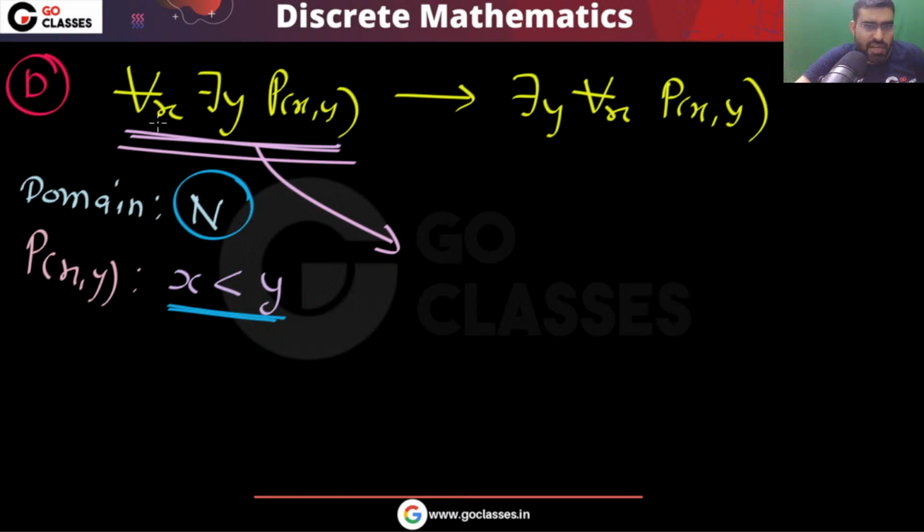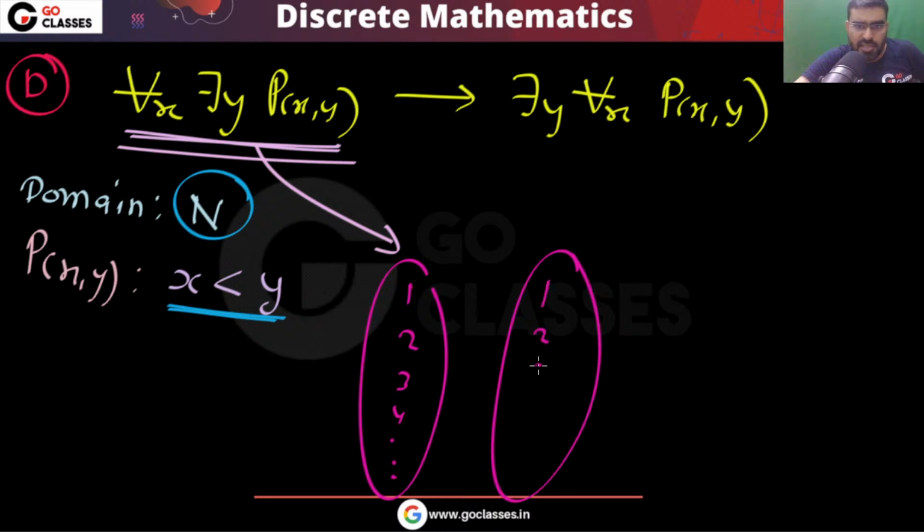Can I say that for every natural number, 1, 2, 3, 4, there is someone such that x is less than y?